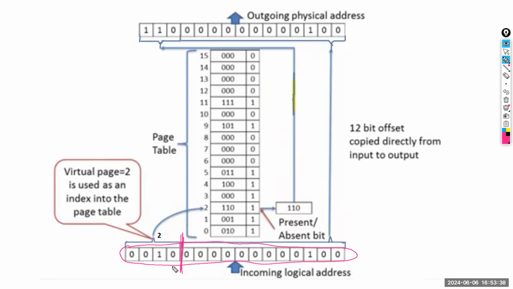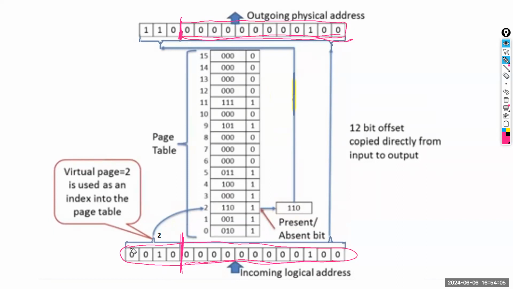You want to calculate the physical address, so your first task is to copy these bits to your physical address, from this point onward. So if it is 0000 and so on, ultimately 100, it is also the same 100, because the offset is not going to be different.